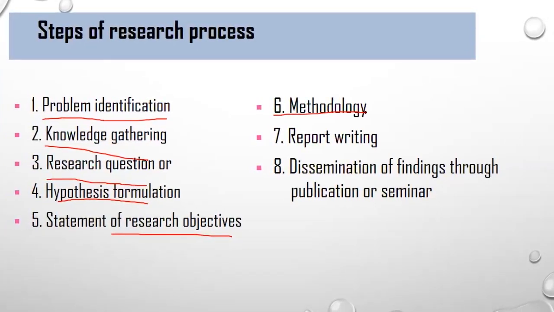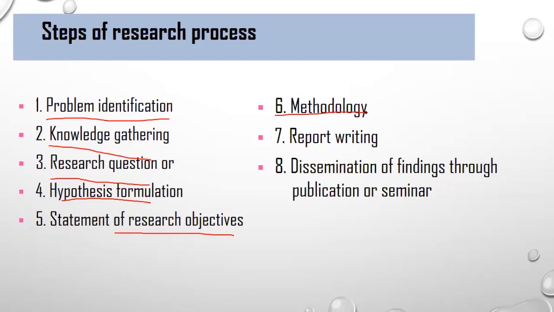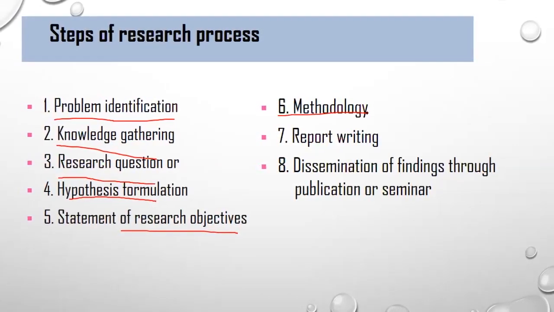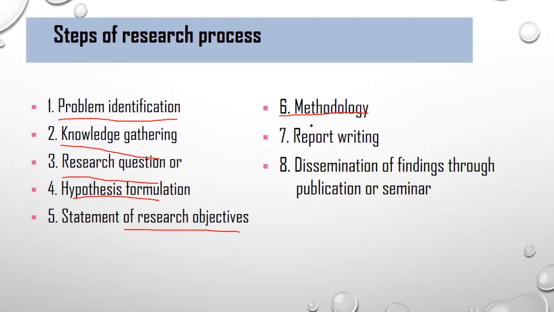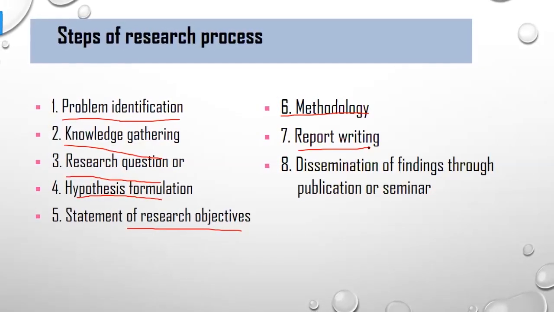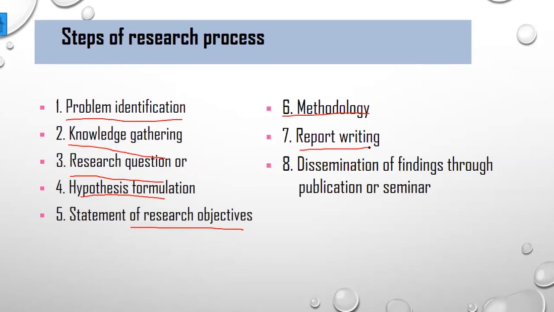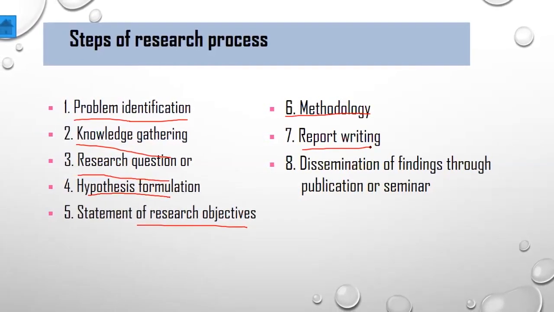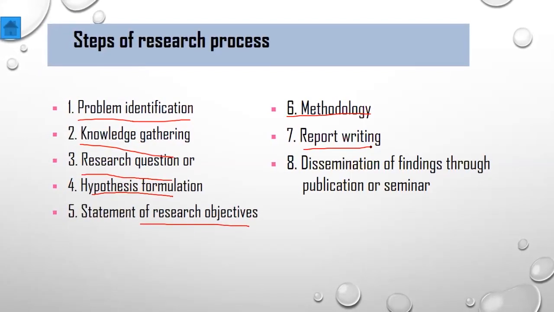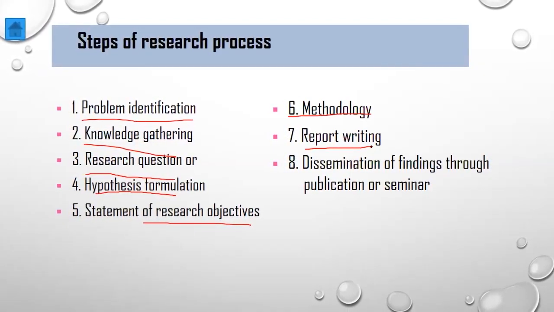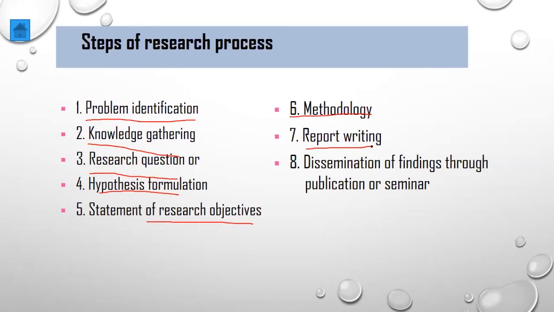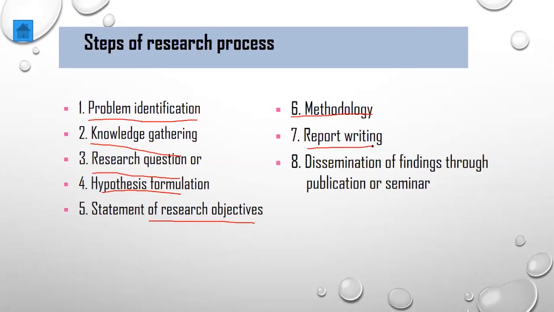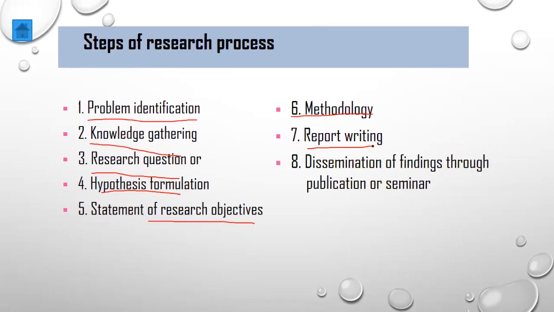Report writing. It is an ethical responsibility of the researcher to disseminate the findings of his work to others. That's why he must write a research report. And the research report may take the form of a scientific paper for a journal.